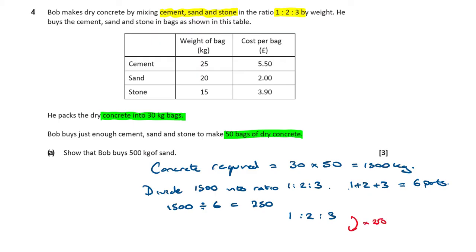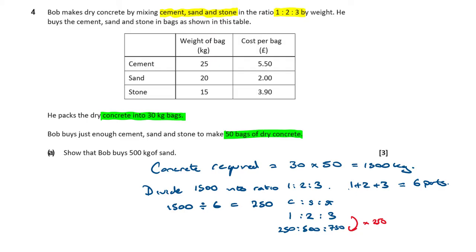So the first one, remember, was cement, and then it was sand, and then it was stone, which annoyingly is the same initial as sand, but anyway. So one lot of 250 is 250, two lots of 250 is 500, and three lots of 250 is 750. So that means we need 250 kilograms of cement, 500 kilograms of sand, and 750 kilograms of stone.